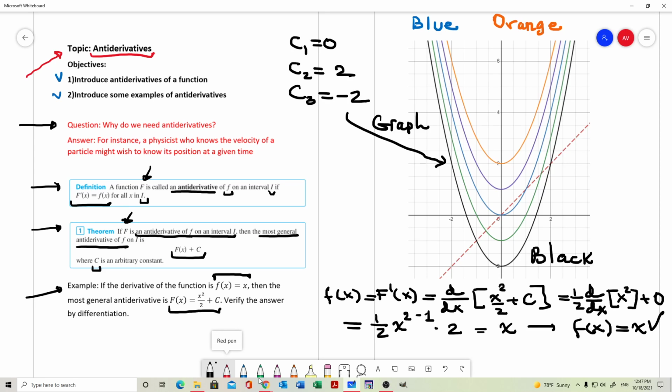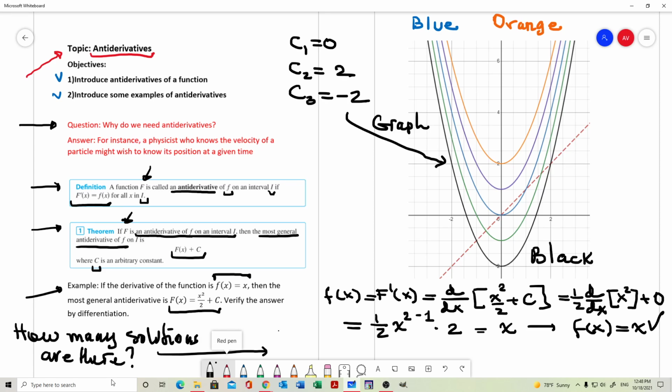And all of those parabolas do represent particular solutions to the given example. Again, how many solutions are there? The answer will be infinitely many.